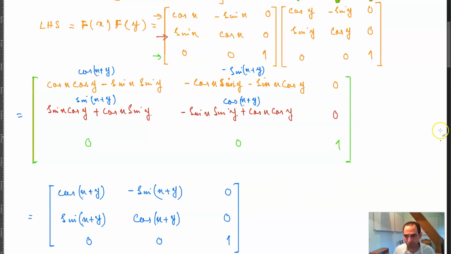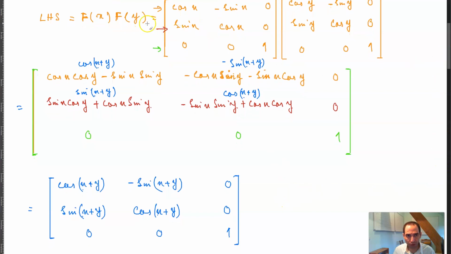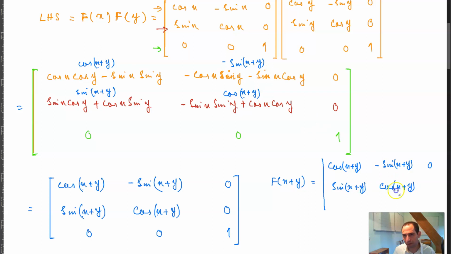And based on this matrix, if I want to write f of x plus y, it gives me basically cos of x plus y and negative sine of x plus y, then that's a 0, sine of x plus y and cos of x plus y, and 0, 0, 1, right?